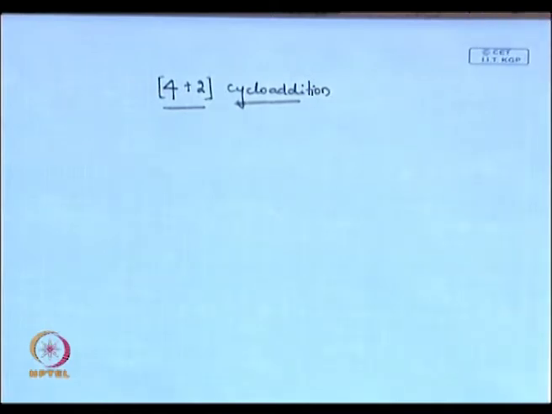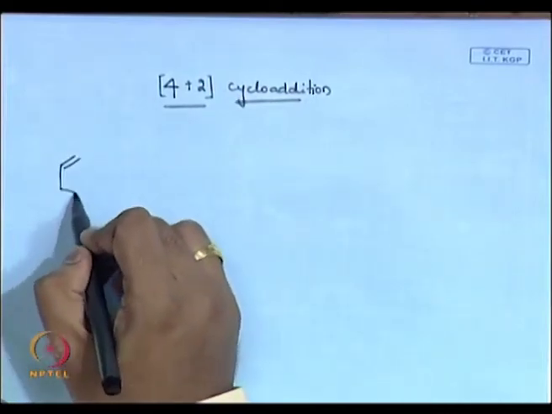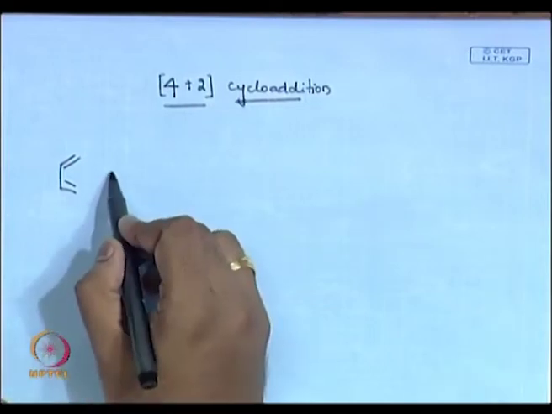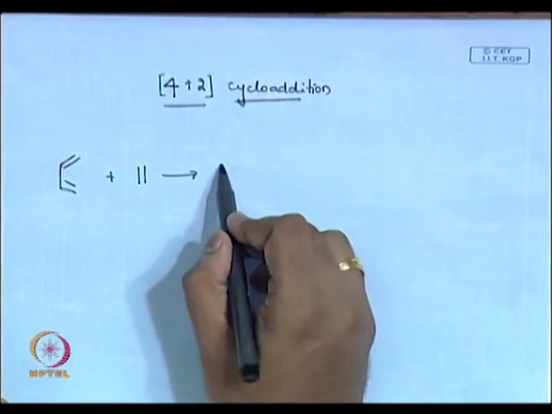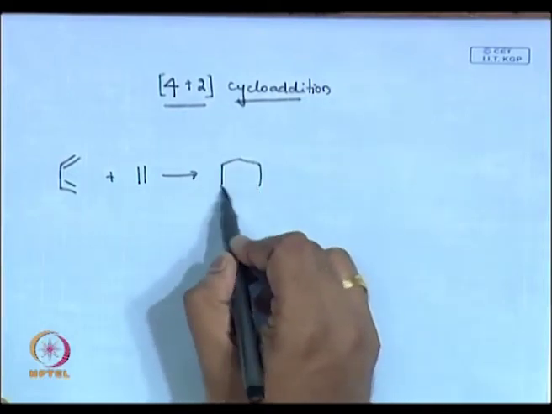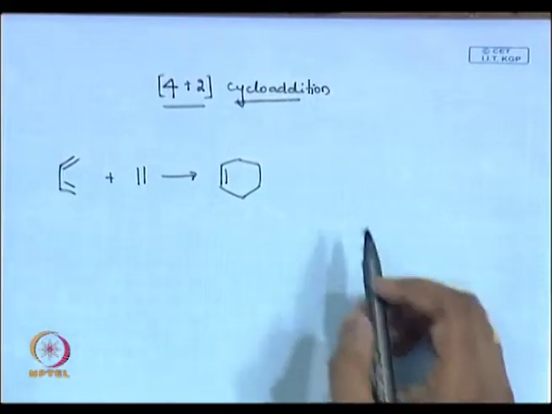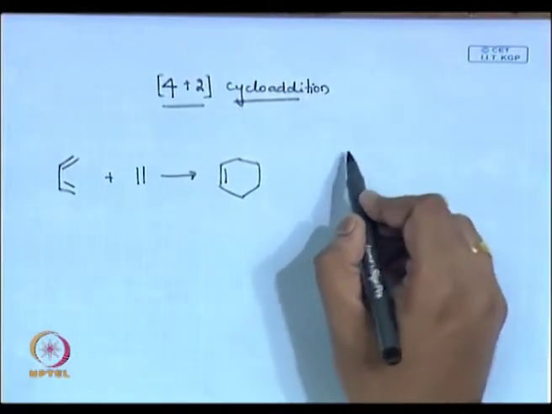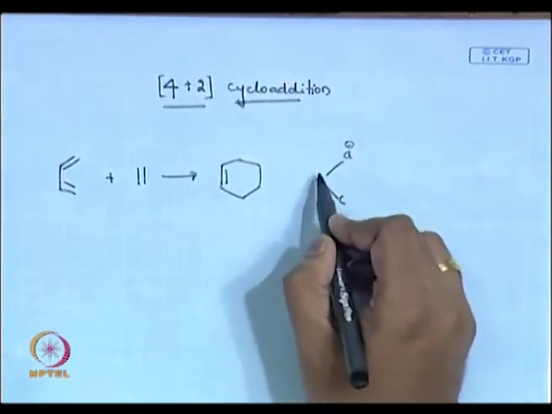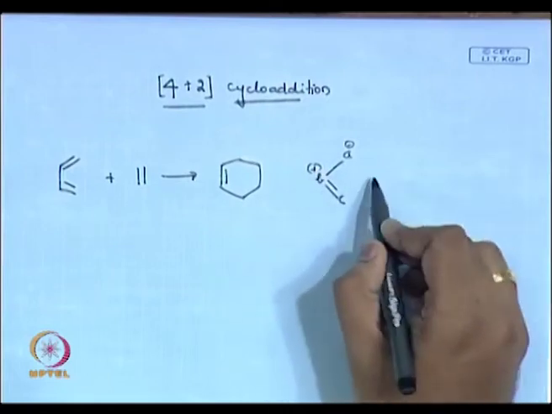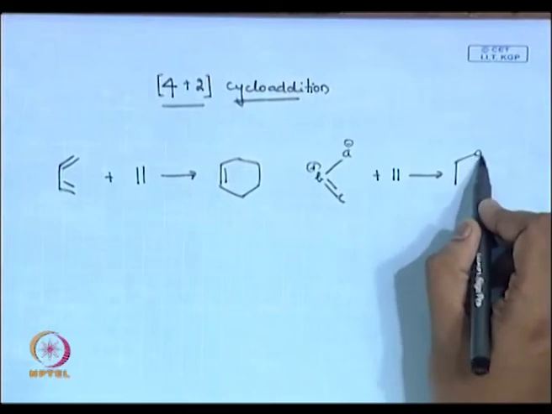In 4+2 cycloadditions, what we studied is one system where you have a diene, a butadiene, with an alkene giving you a cyclic product. Another, we have studied an example where you have an A=B plus double bond C with an alkene giving you another cyclic product.